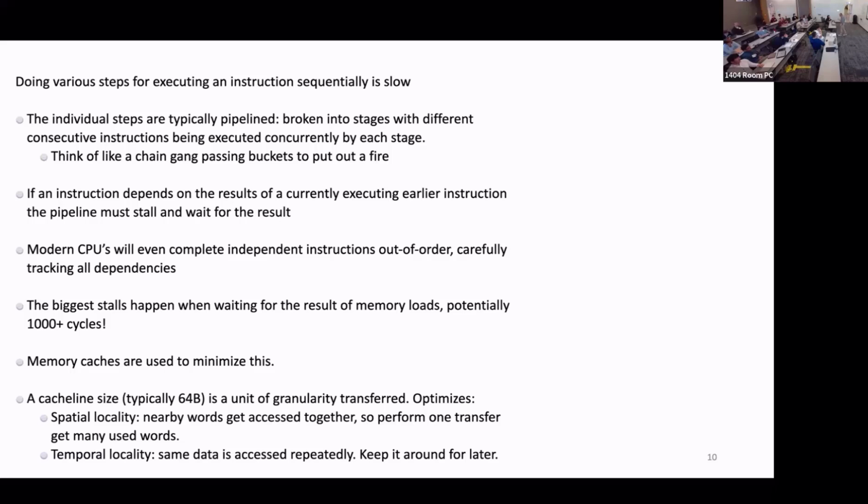The two things that this optimizes for are, first, the principle that if I access one element of a data structure, I'm very likely to access the nearby elements of the same data structure. That's what we call spatial locality. Nearby words get accessed together, so by transferring more, you make it very likely you get a hit in subsequent loads, which increases performance.